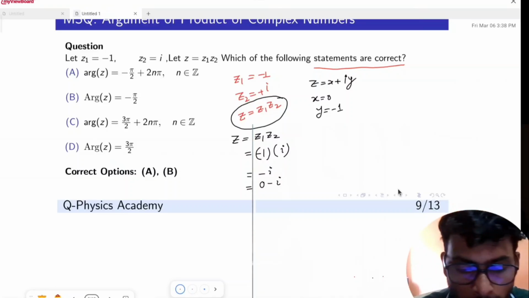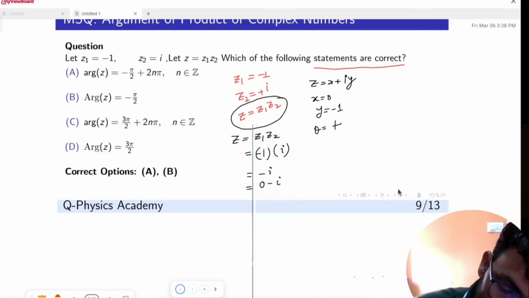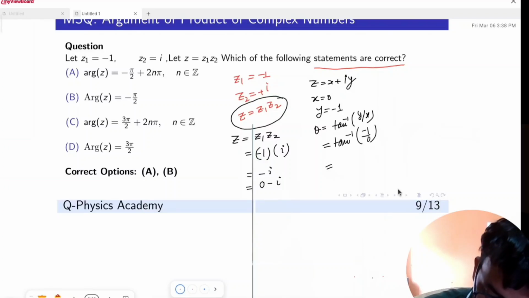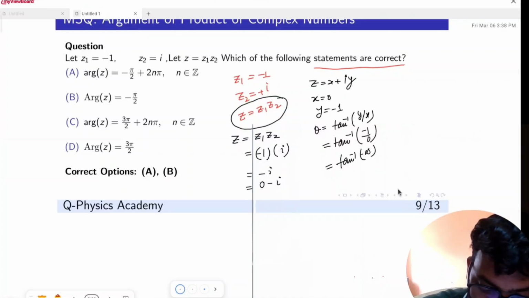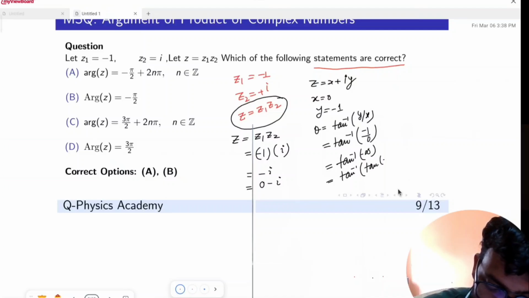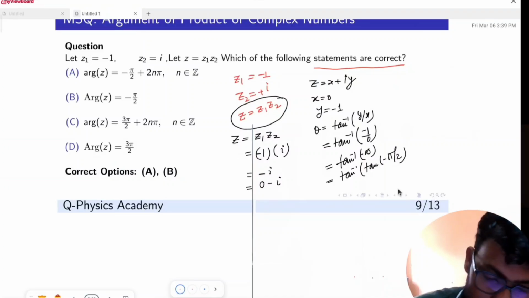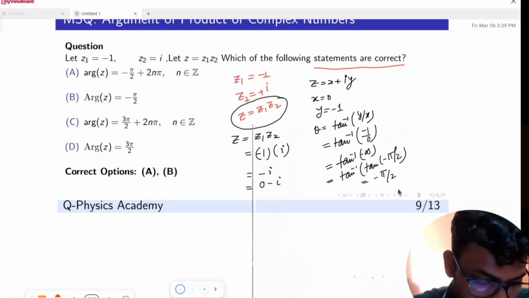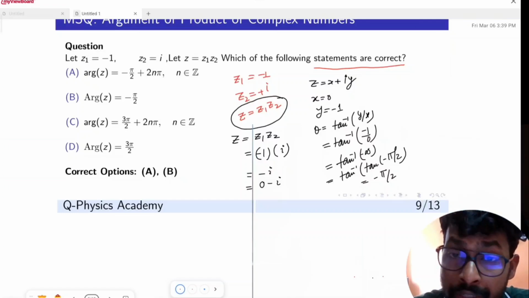Now theta equals tan inverse of y by x. So tan inverse of minus 1 by 0, so tan inverse of minus infinity, which equals minus pi by 2. So theta is minus pi by 2, and it is nothing but the principal argument.